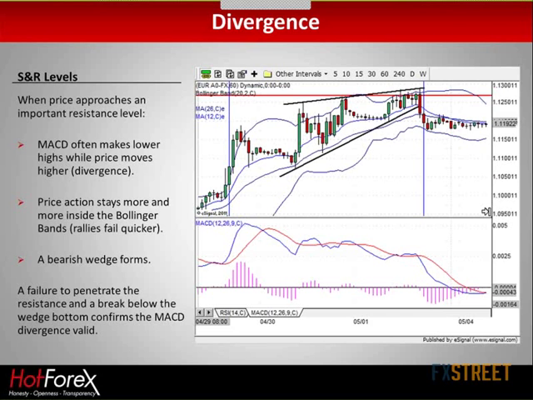The reason for the divergence to appear is the hesitation of longs here. Those that are bulls are getting very hesitant because they see this resistance there.